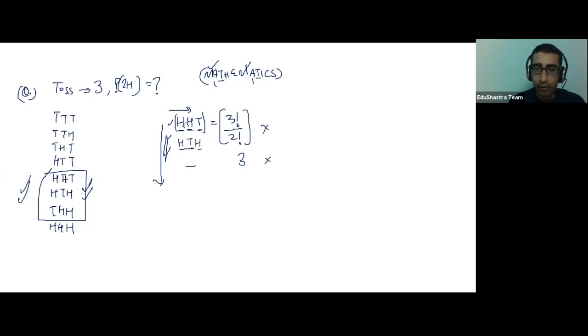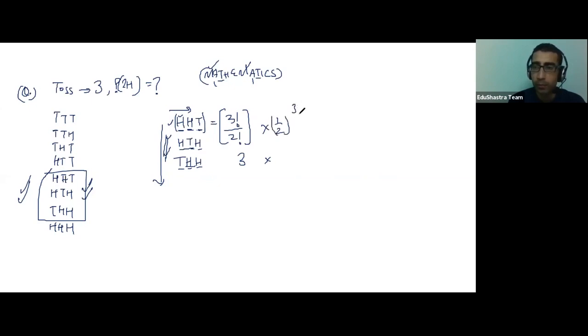The probability of each of these 3 events, the third being tail, head, and head in the first, second, and third tosses respectively, is always the same. Getting a head in the first toss is 1/2, getting a head in the second toss is 1/2, and getting a tail in the third toss is also 1/2.